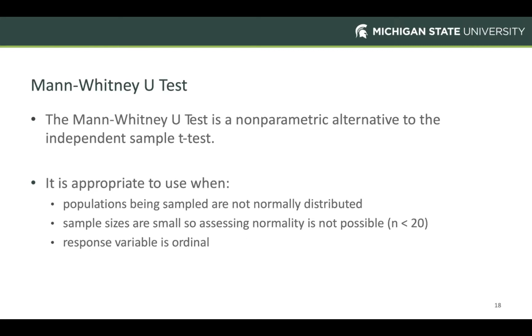So again, we're using that arbitrary cut point somewhat of 20. And likewise, if our response variable is ordinal in nature rather than interval in nature, so back to the point where we have somewhat unequal distances between the different levels of our dependent variable, okay?